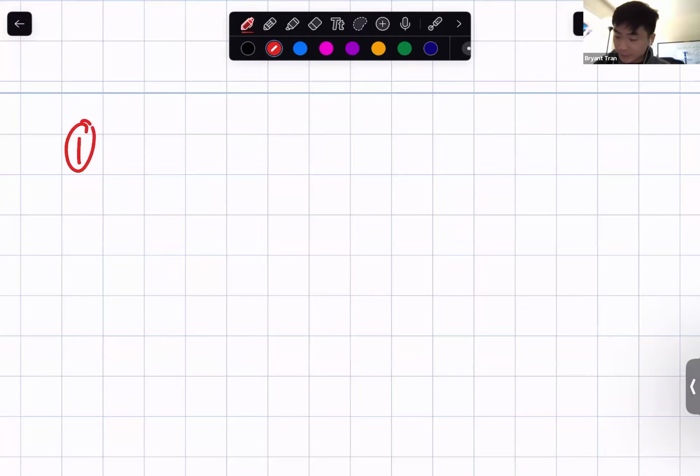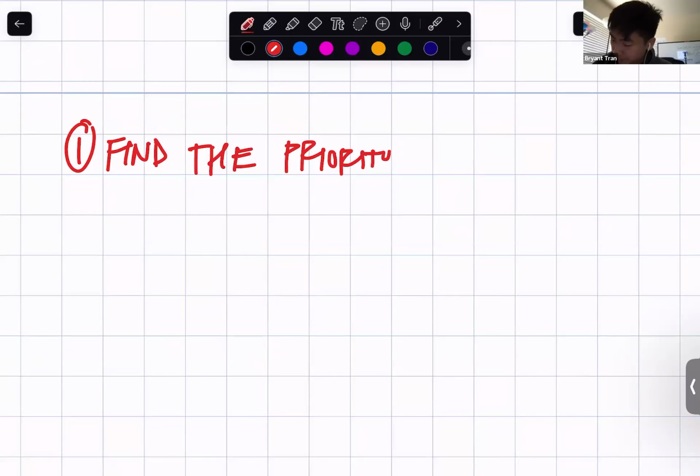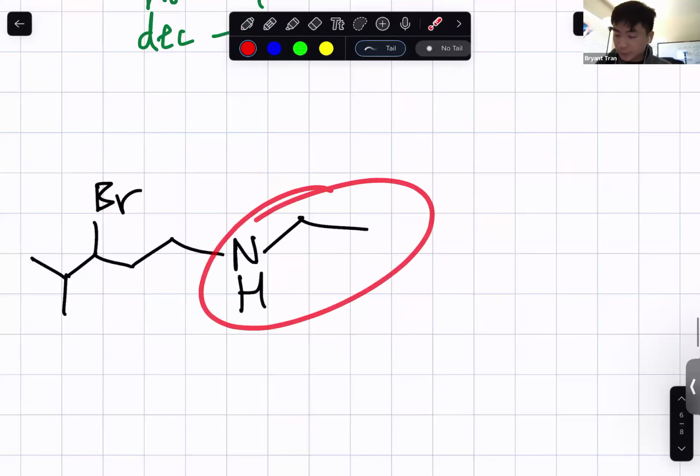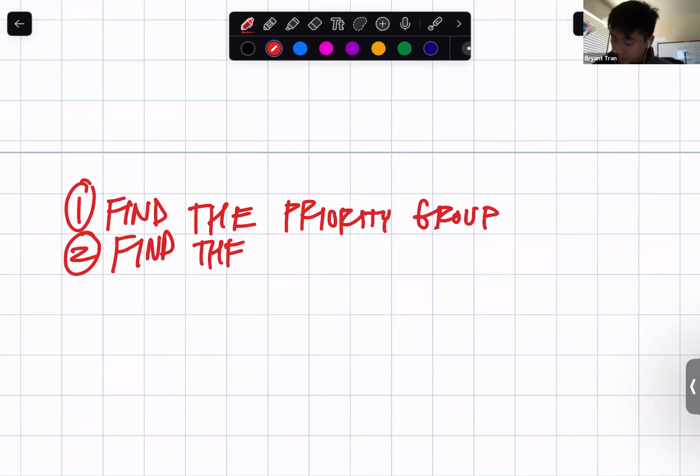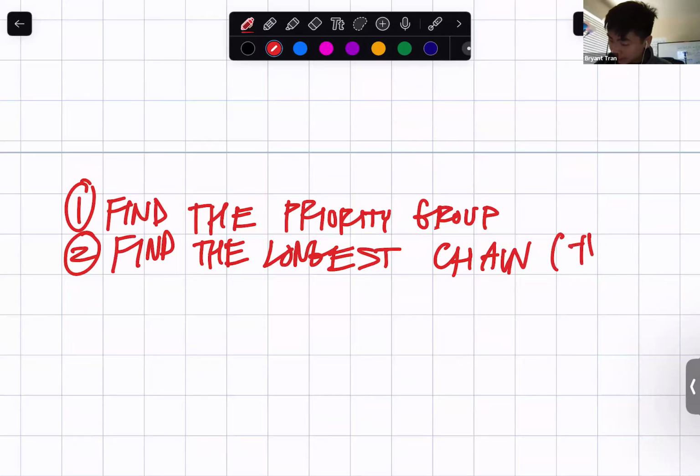So if I were to tell you my thought process step by step, the first step for nomenclature is to find the priority functional group, like amine, halogen, alcohol, alkene, alkyne, right? So in this case right here, the priority group is this amine. From there, you find the longest carbon-carbon chain, and then number it based on the highest priority group.